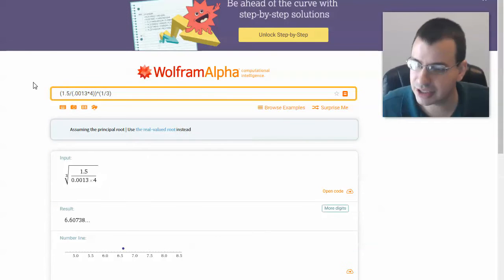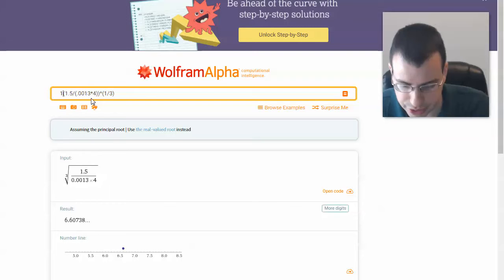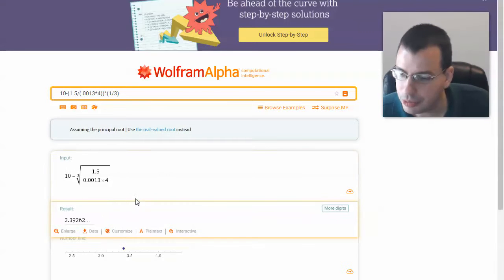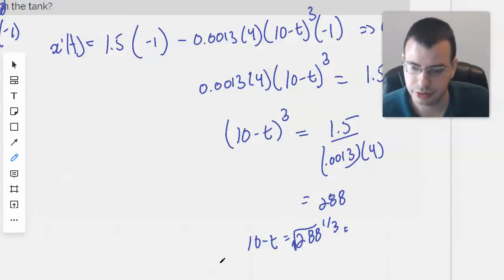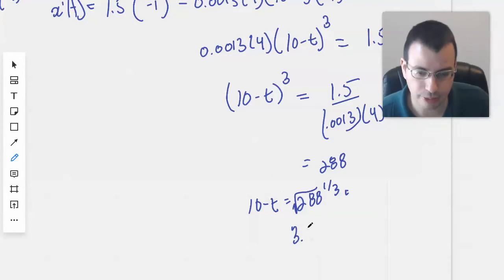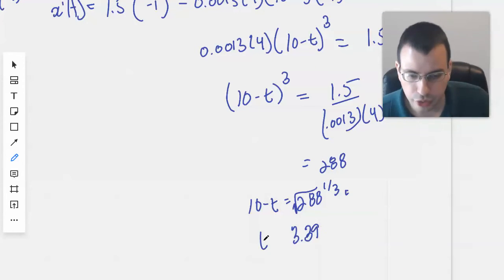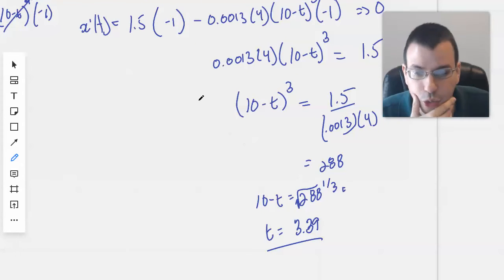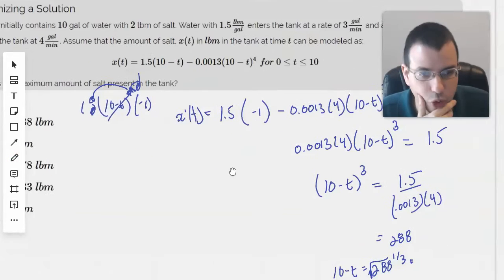Yep, 6.6. Then we'll do 10 minus 6.6, which is 3.39. So t equals 3.39. At t equals 3.39, we have a maximum or minimum.